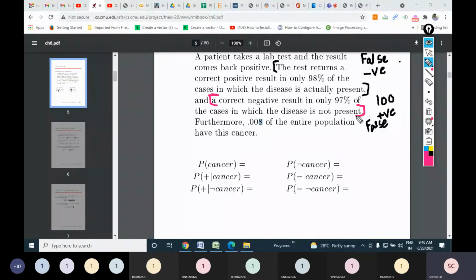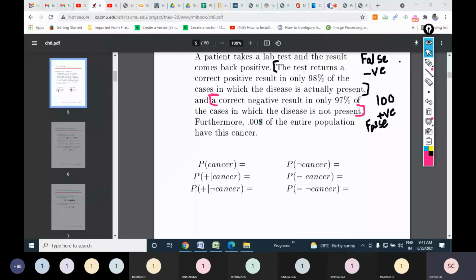It should be negative, but for 97% it is giving a negative result, and for 3% of people it is giving a positive result, which is not correct. So we call it false positive. We have discussed this yesterday and spent a lot of time on it. Now we try to solve this problem.